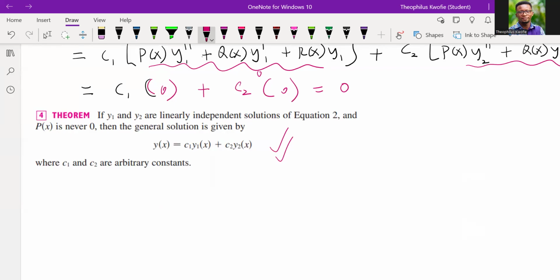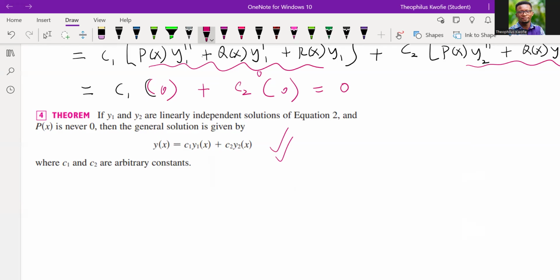So in general, sometimes it's not easy to discover particular solutions to a second order linear equation. But it is always possible to do so if the coefficients, which are P, Q, and R, are constant functions.